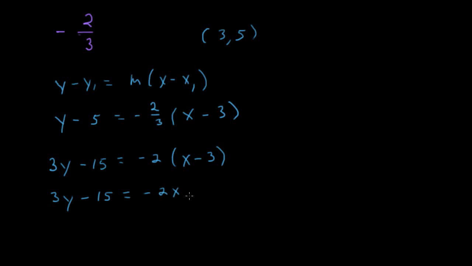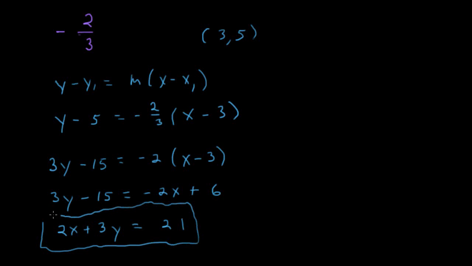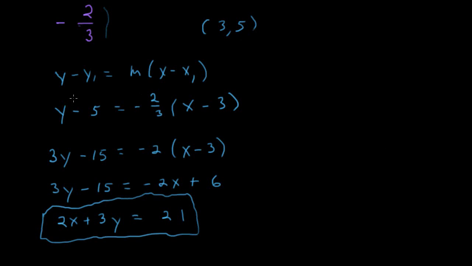We'll get negative 2x plus 6. Moving the x term over to the left hand side, we'll have 2x plus 3y, and moving that negative 15 constant term over to the right hand side, 15 plus 6 is 21. And that's the equation of the line normal to the function that was given through the point 3, 5.